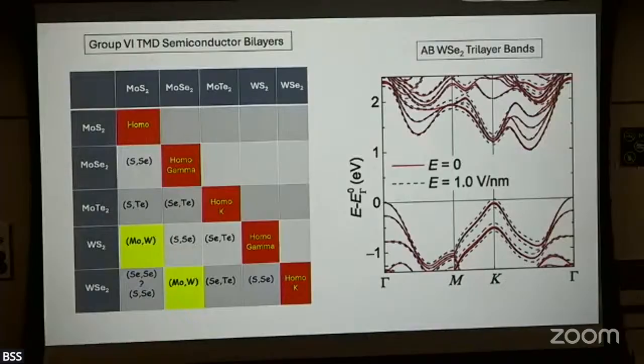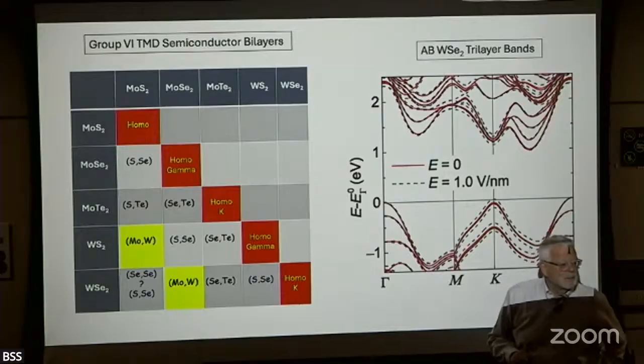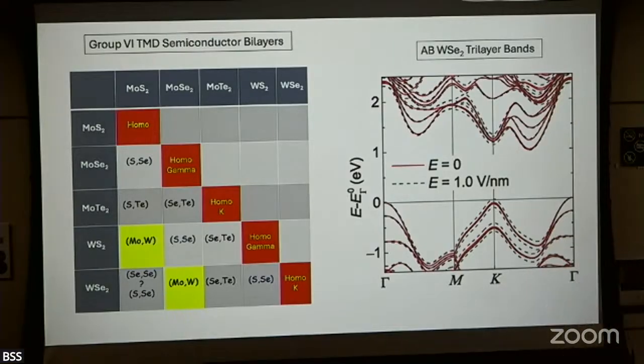And so what happens is, as you start to add more layers and the wave functions can spread out, the energies basically don't change at the Brillouin zone corner, but they do change a lot at the gamma point. They basically spread out. And so in bulk material, the top of the valence band is at the gamma point in the Brillouin zone.